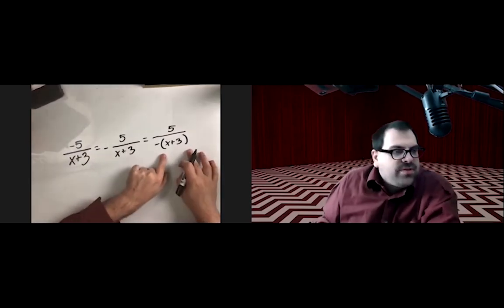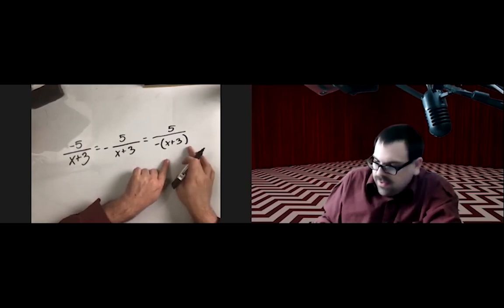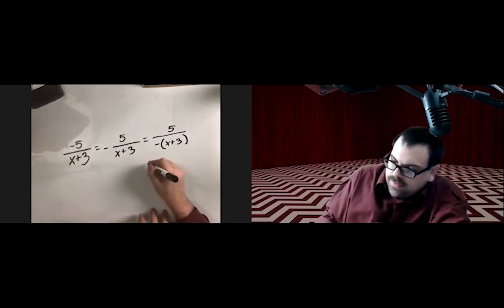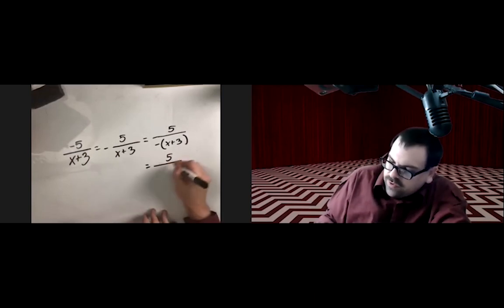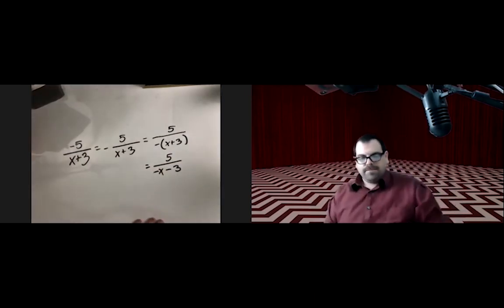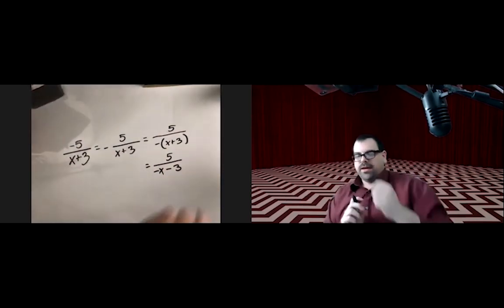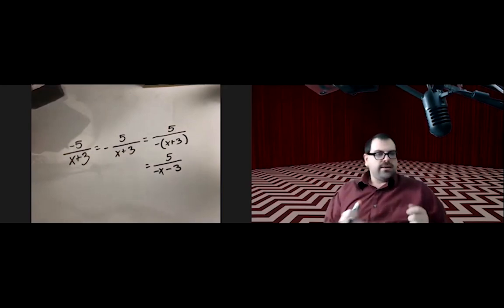It has to be in parentheses, negative (x plus 3). 5 over negative x minus 3. So these are all the same thing, and you can write it in any of those ways.